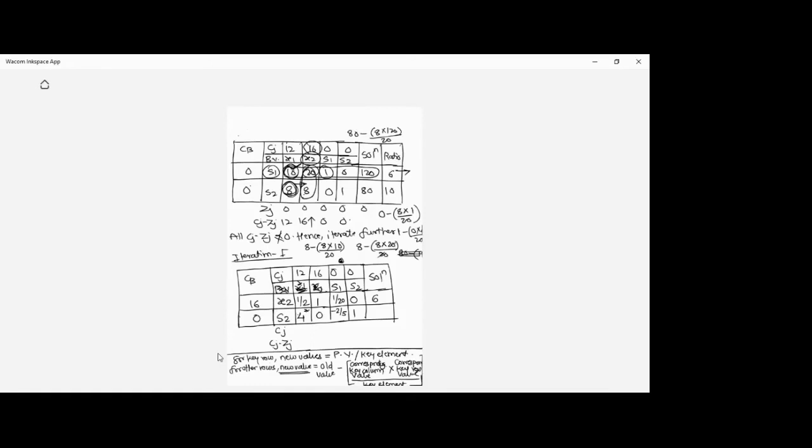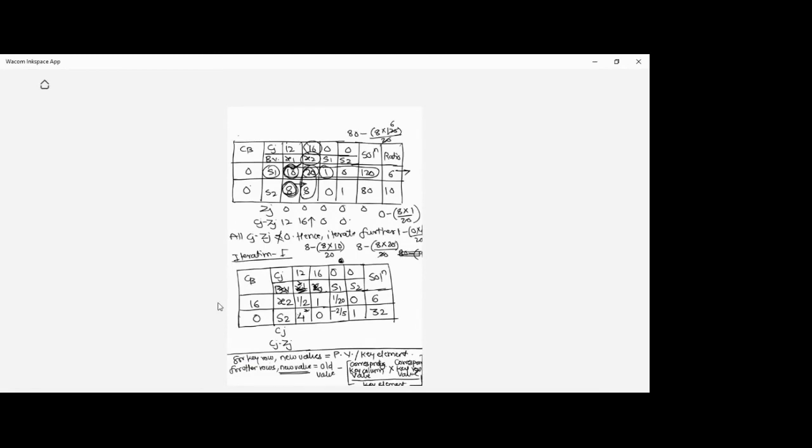So 20 into 6, 8 sixes are 48, and 80 minus 48 will be equal to 32, right? So I'm hoping that you have understood how you have got the new values. Let's move ahead and check whether this is an optimal solution or not, and then let's see what we have to do.